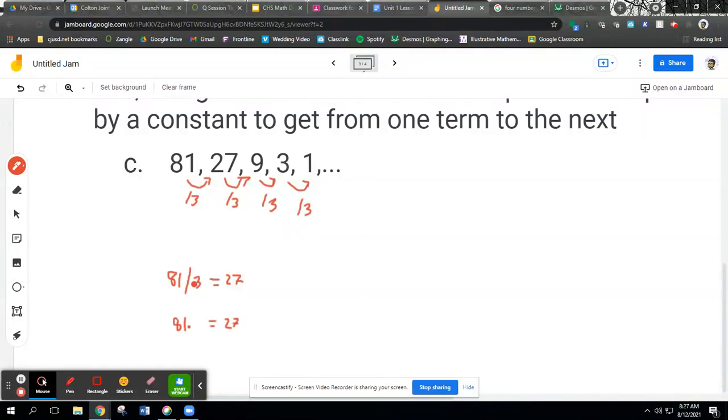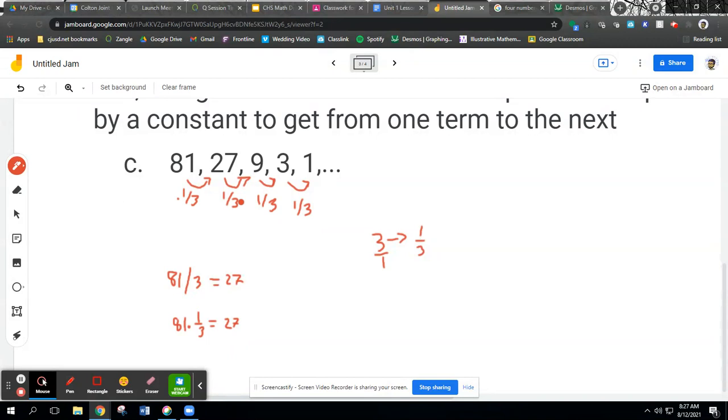Well, since we're dividing by 3, we can think of that as multiplying by the reciprocal. The reciprocal of 3 is 1/3. This is technically 3 over 1, so we just flip it. If we're dividing by 3, that's the same thing as multiplying by 1/3. 81 times 1/3 is 27. So that works.